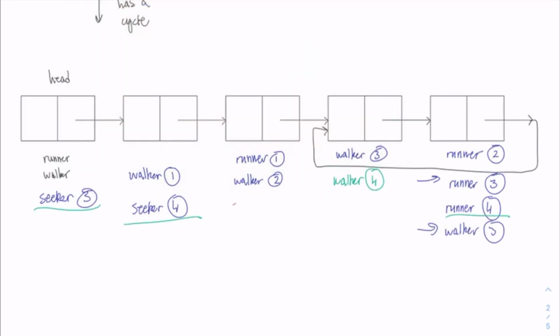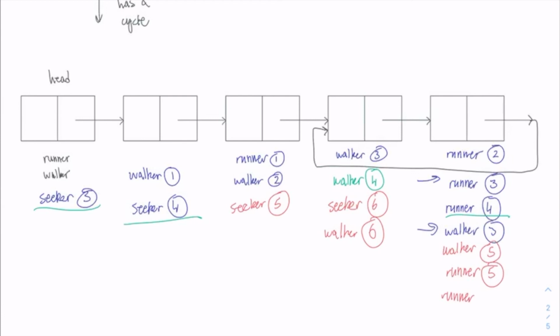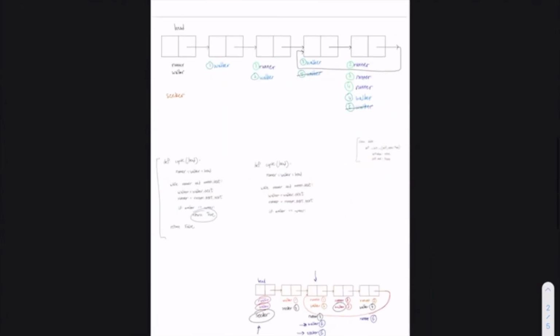And then at time 5, seeker is here, walker is here, runner is still here, and finally at time 6, seeker is here, walker is here, and runner is still here. So boom, we've proved that seeker and walker will always show up at the same node, assuming that seeker is introduced to the head node at the same time when walker and runner are at the same node.